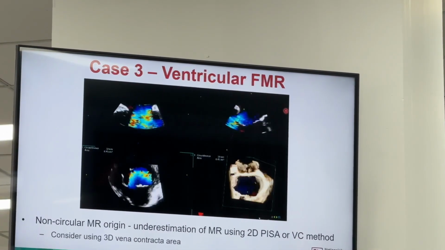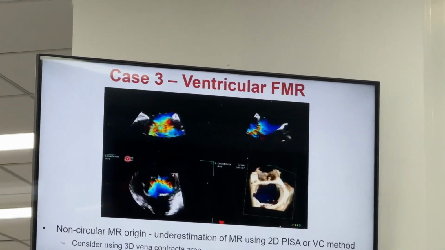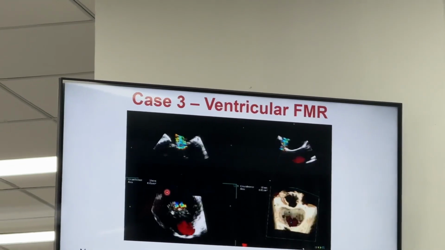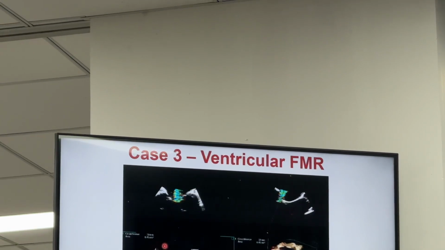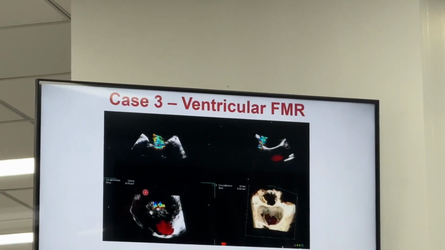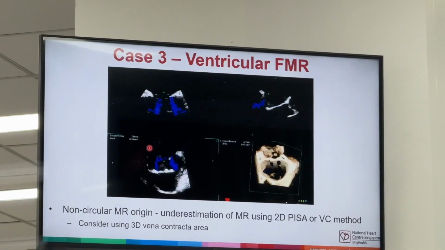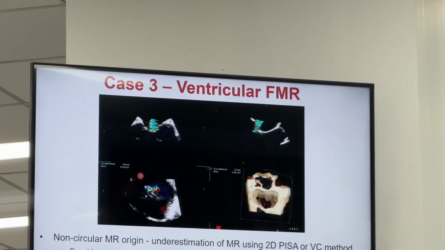And this is the long axis view, and this is the short axis view. And you can see that the origin of the MR is not circular, it's more along the coaptation line, elliptical in shape. And using a 3D vena contracta is more accurate in assessment of mitral regurgitation that is not circular in origin.